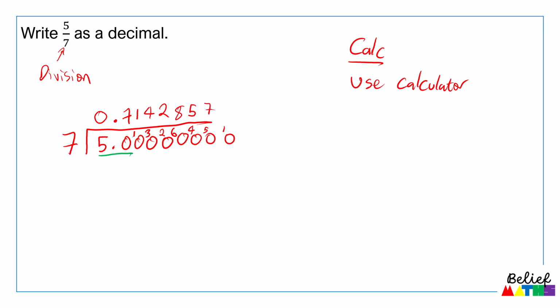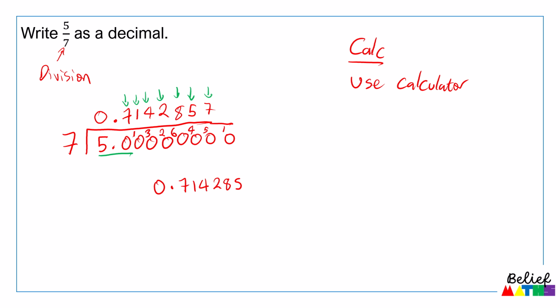Now what you'll start to see here is that this pattern is starting to repeat. It's gone 7, 1, 4, 2, 8, 5, and then we're back at 7 again. So as a decimal, this number is 0.71428 recurring.